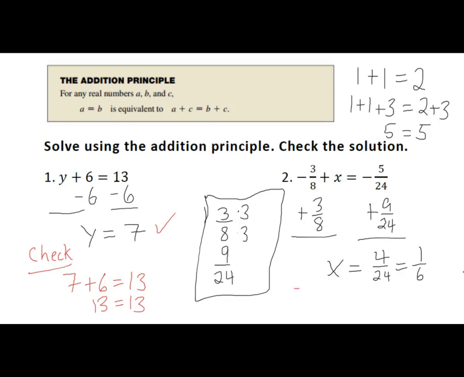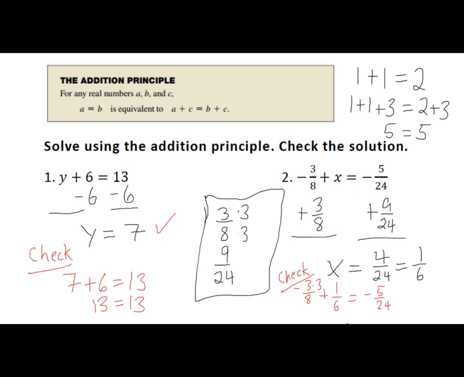So we could go ahead and check that as well. Negative 3/8, that's part of the checking process. Negative 3/8 plus 1/6 needs to equal negative 5 over 24. Well, negative 3 over 8 and 1 over 6, we can't add those together until they're both over 24.